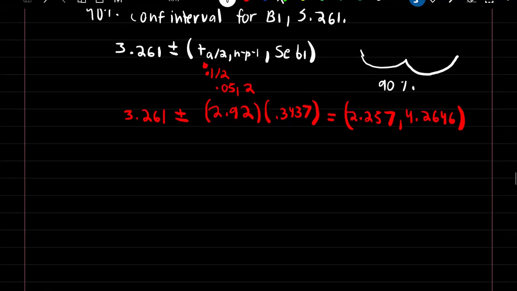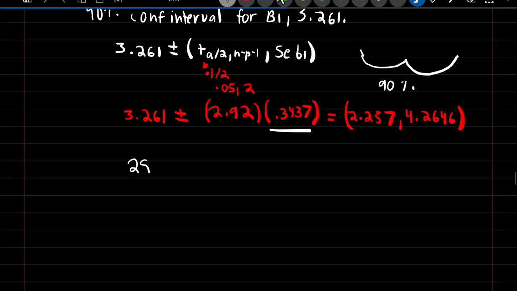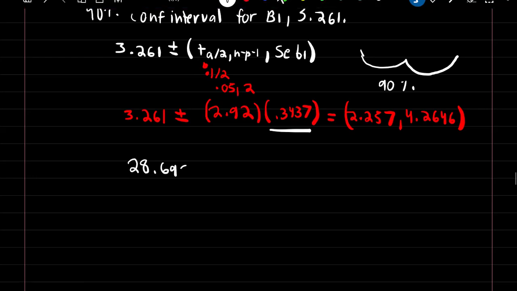The only thing that's going to change for the intercept is the standard error. So we're going to be using the standard error for the beta 0 parameter, plus or minus the parameter estimate, which is 28.695.